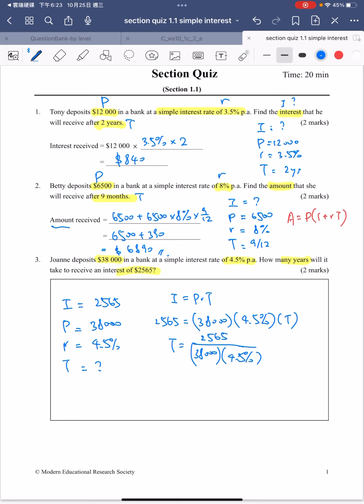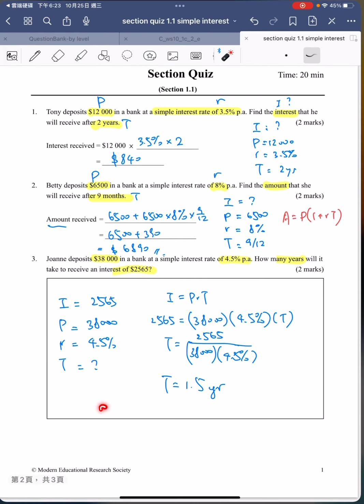You can probably get the T is gonna be equal to 1.5 years. So just be careful when you're using the calculator. It should be 2565 divided by 38,000 together divided by 4.5%.